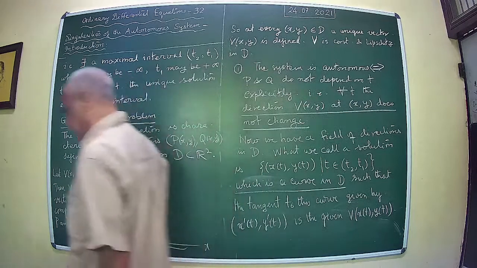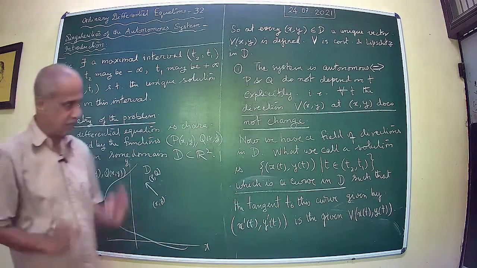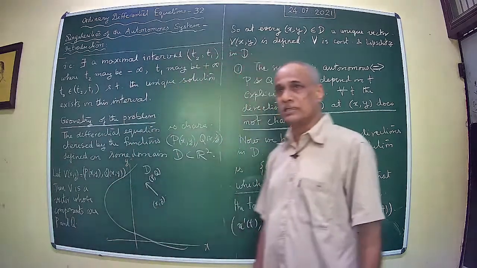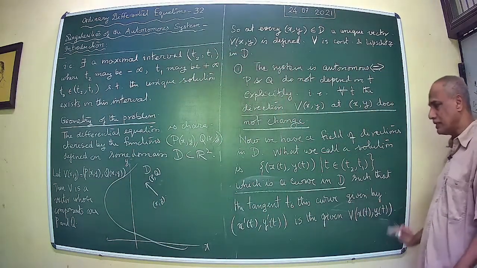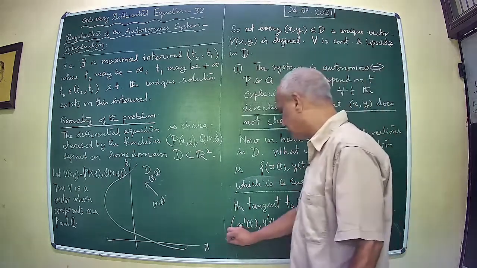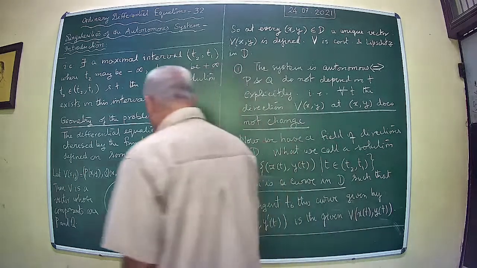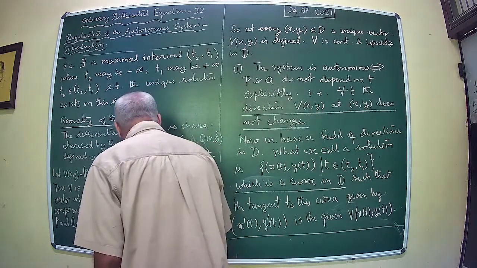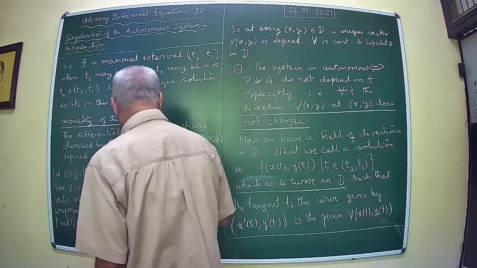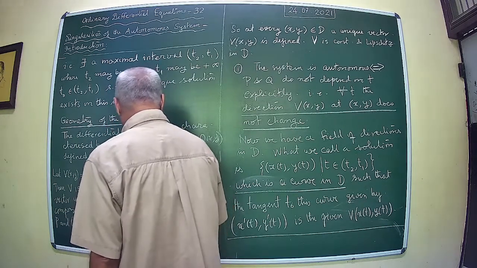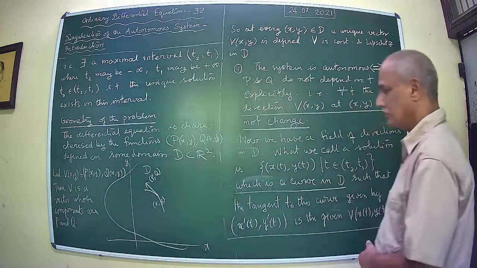Such a unique curve exists. This is the importance of the existence and uniqueness theorem. Now that is the geometry of the problem. So you are searching for a curve whose tangent at this point is given by (P,Q).